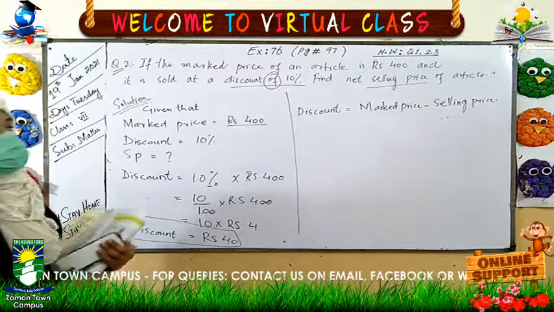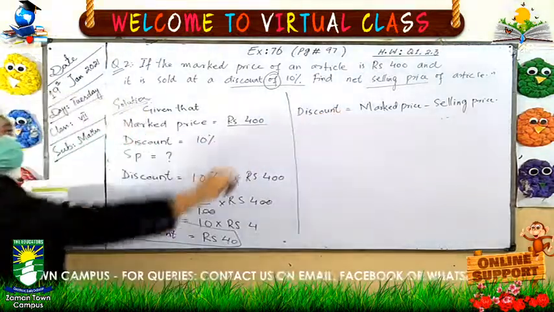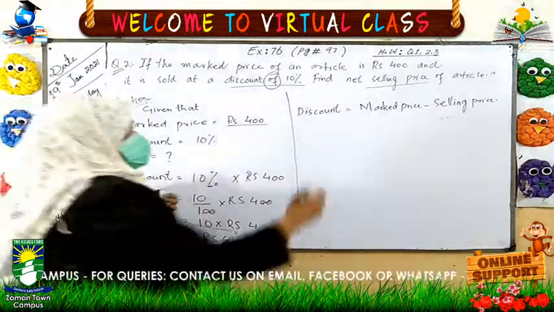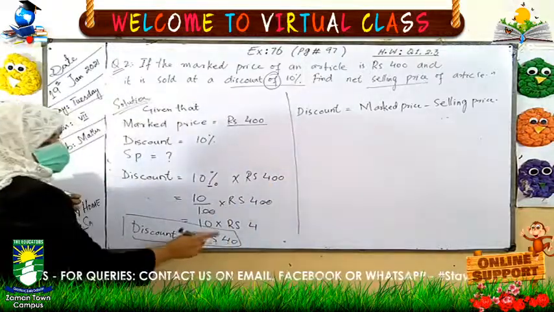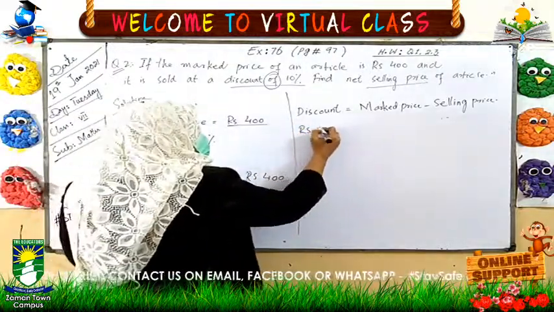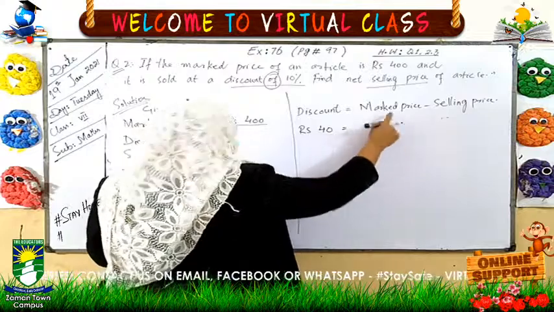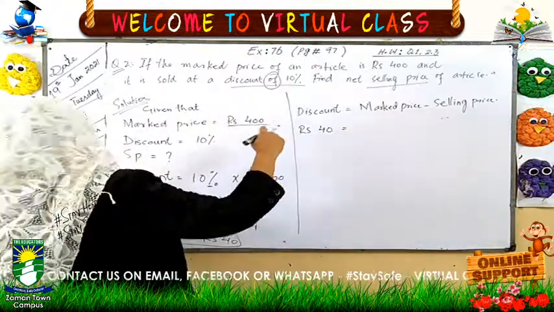Now here, I have to find the value of selling price. What is the discount here? Rupees 40. What is my value of mark price?